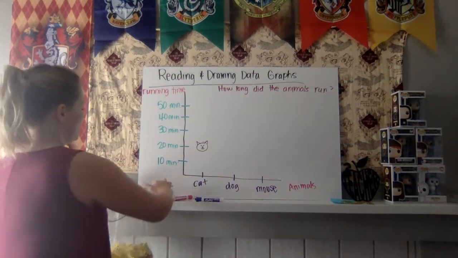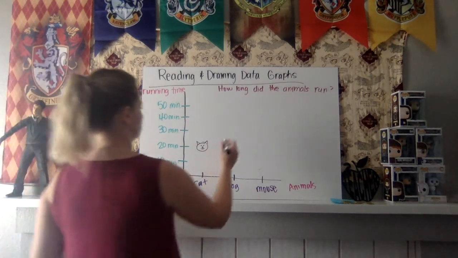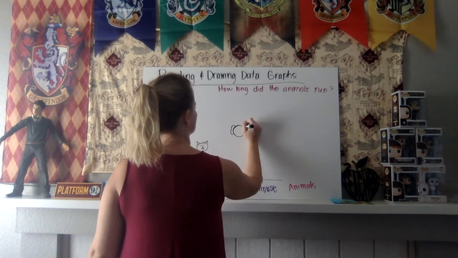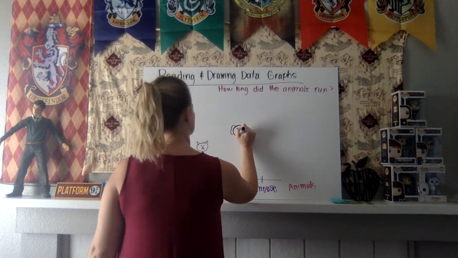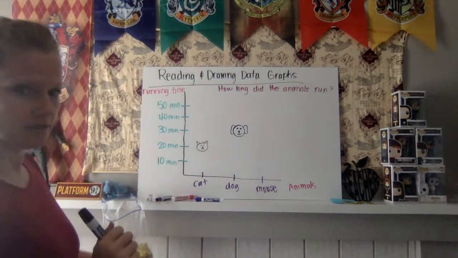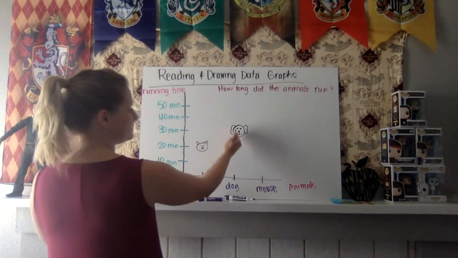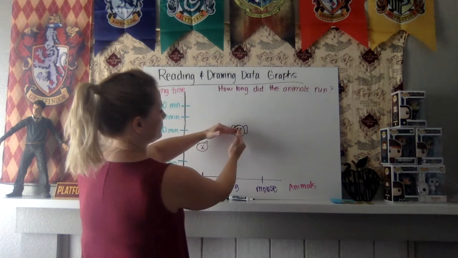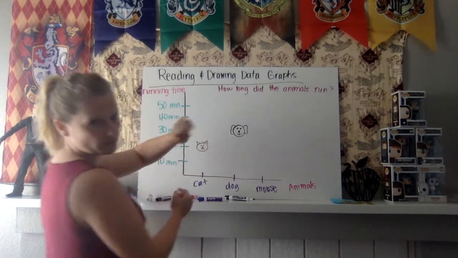Okay? The dog ran for 30 minutes. So there's my little puppy head. We know it's 30 minutes because we're going straight up from dog, and then we're going to go to the right side where 30 is. And you see how my fingers are touching now? That's why I put the dog head where it is.